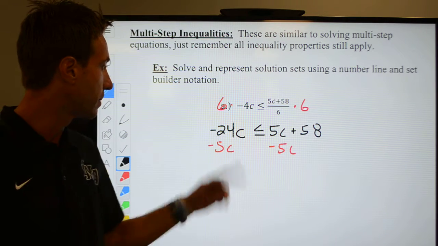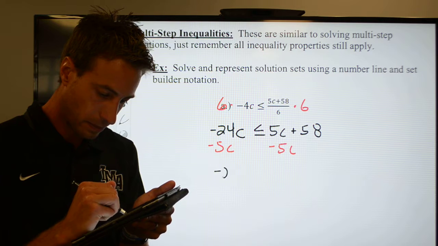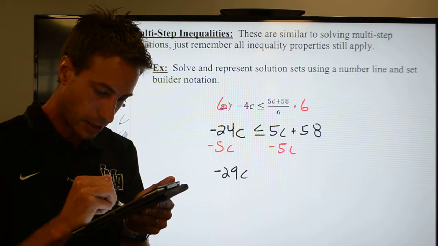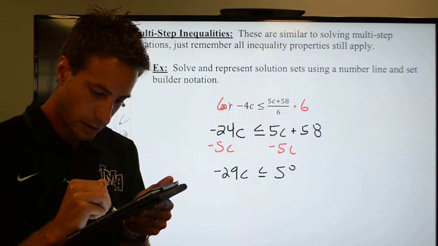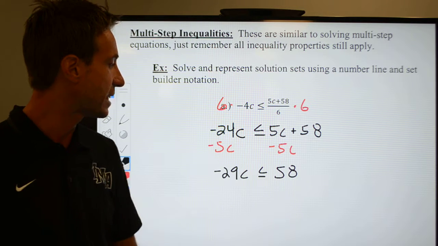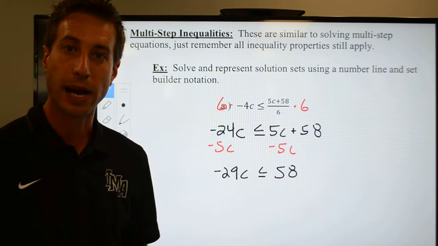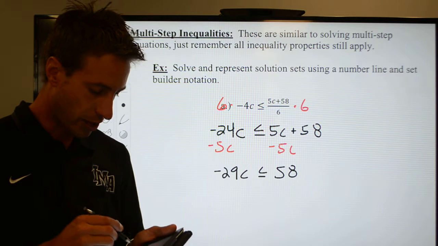Minus 24c minus 5c should be a minus 29c. Unless somebody changed it on me. I don't think we did. Should still be 29. And then to get that c by itself, divide both sides by a negative 29. Well, here we go.